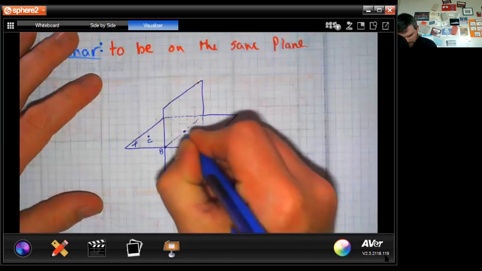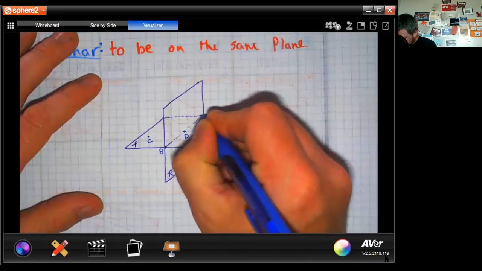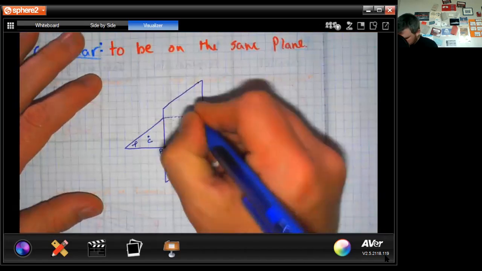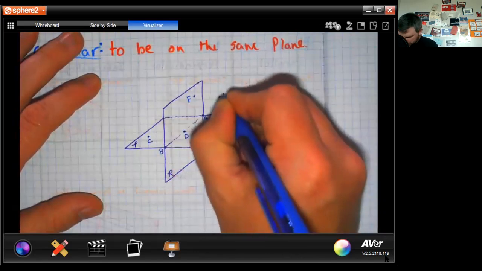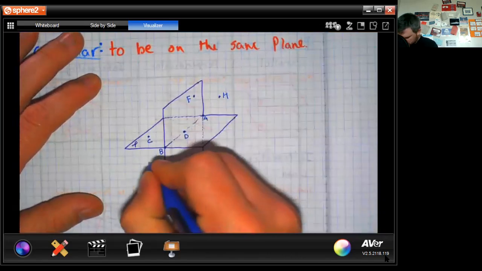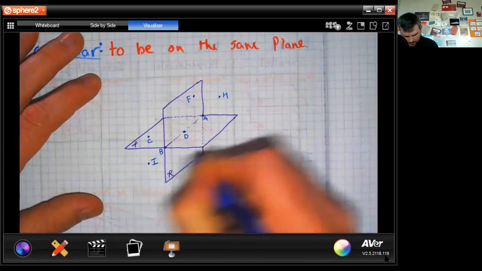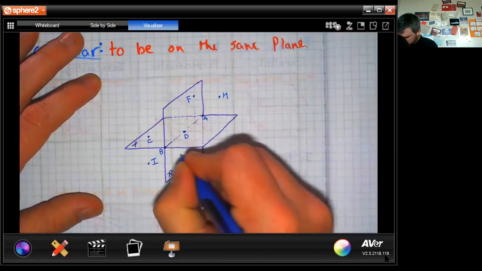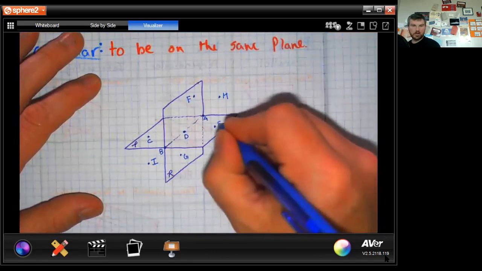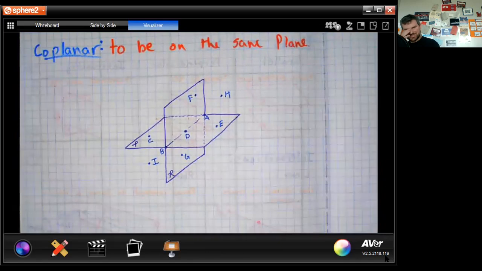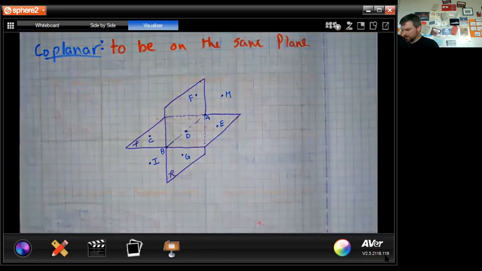So D, A, F, H, I, G, and E. Okay, and it can get a little tricky to tell which one's on where, but we tried to make it as obvious as possible.